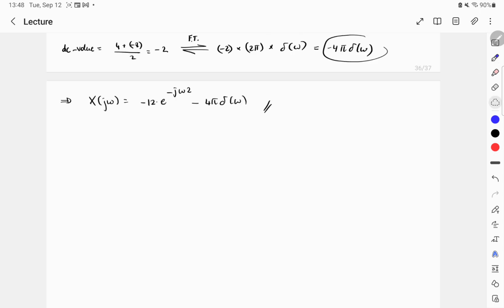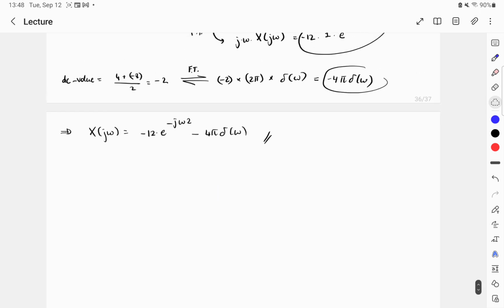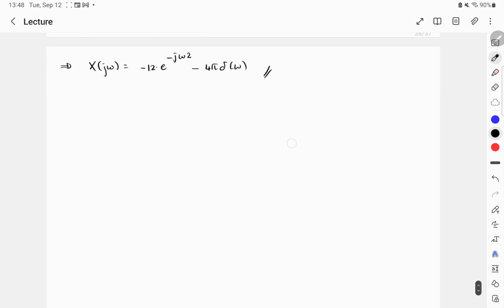But before skipping to the next example, let me show you why the Fourier transform of a constant is this, when we are calculating it using this formula.